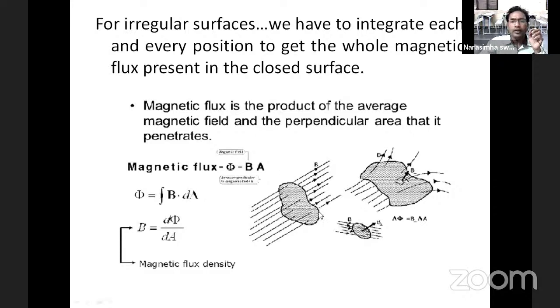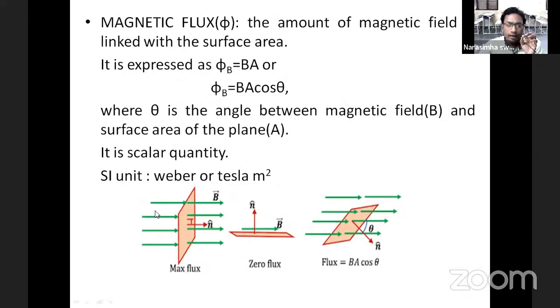For any irregular surface, how do we identify the amount of magnetic flux flowing through it? See, in this diagram the magnetic field is uniform, meaning all the lines of force move in the same direction, and the plane is also perfectly shaped.